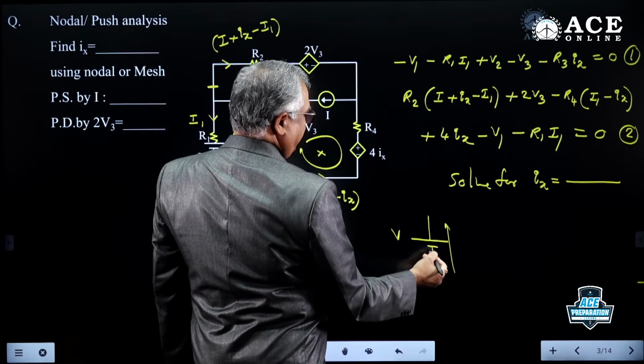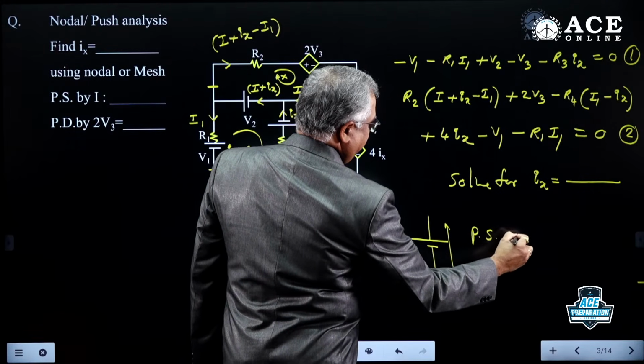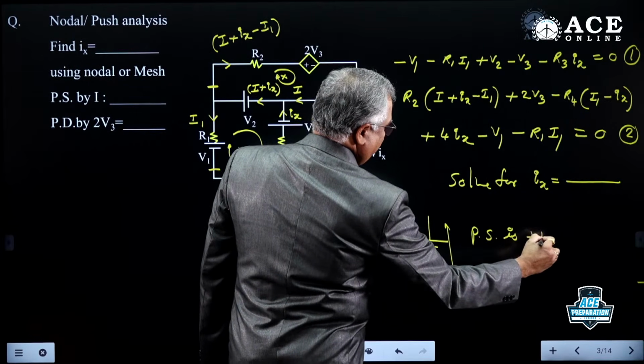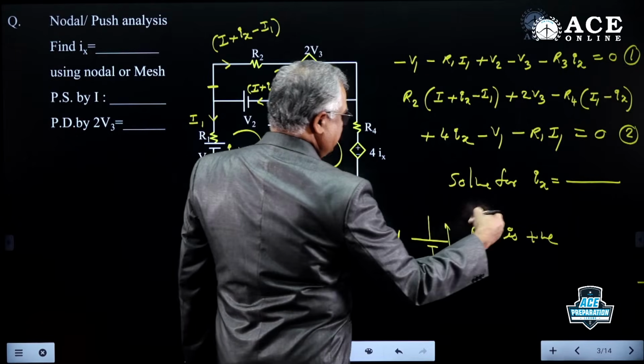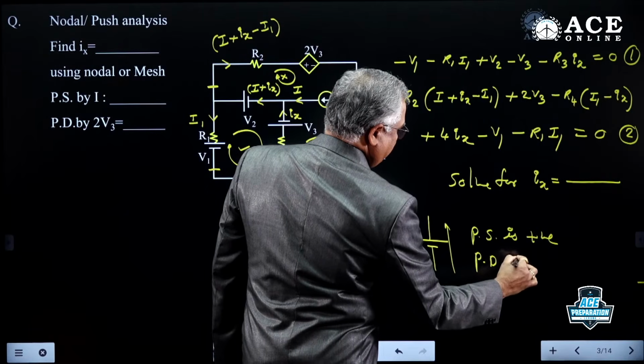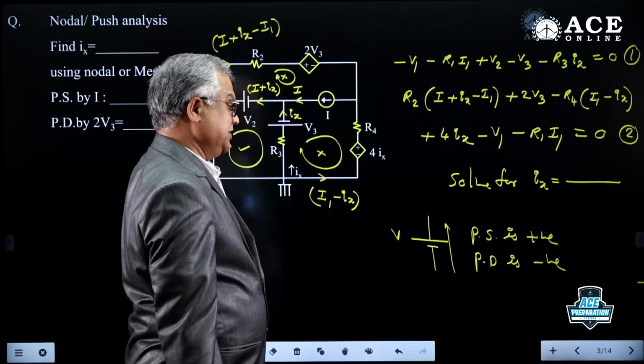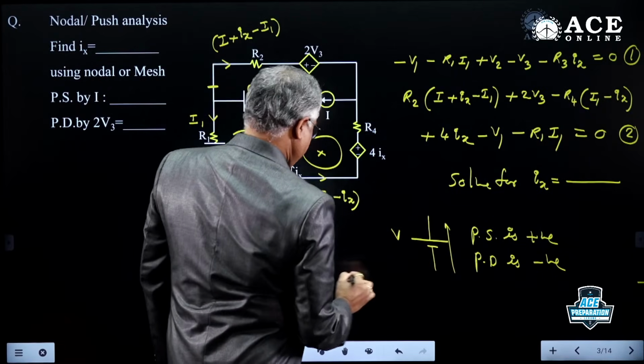When current flows from negative to positive, it is supplying. Power supplied is positive. When power supplied is positive, power dissipation is negative. This is one convention.